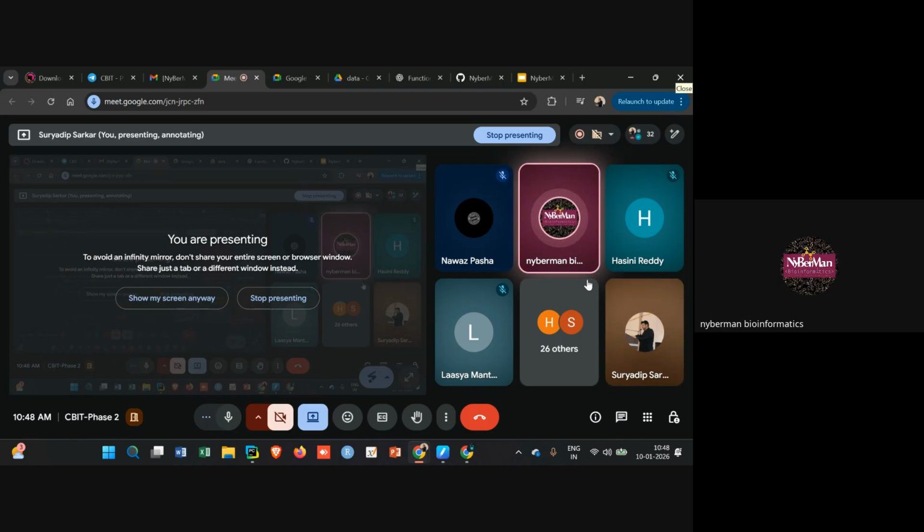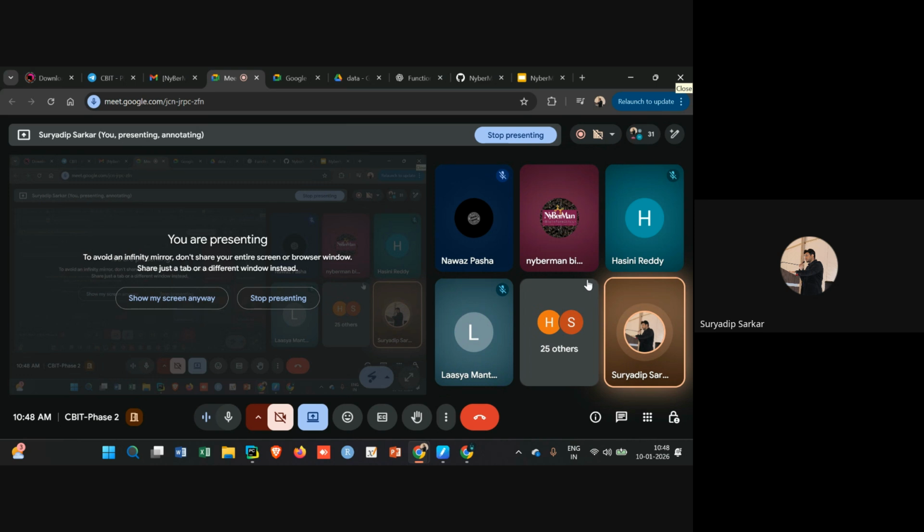Always groups 7 and 8 are not attending. Survey, if possible, please give me an update on WhatsApp about what's happening with your group. I don't think so. Most of you are attending it. Okay, group 8, Praneeth, Vidushi, you are not here. Vedavati, you are also not here. Okay, Vidushi is here. Thank you. Vedavati is here. Thank you. Shruti, you were here, I saw. Okay, no response.